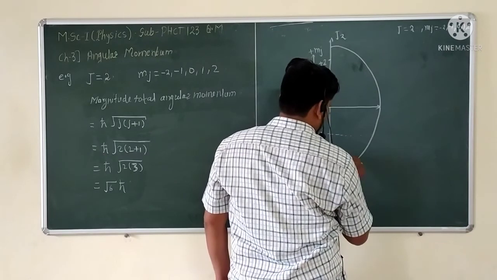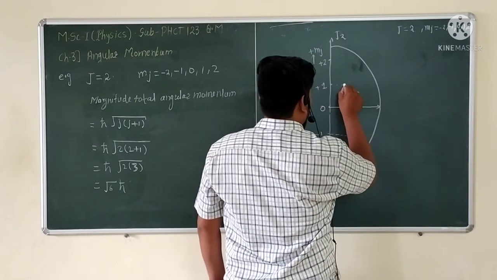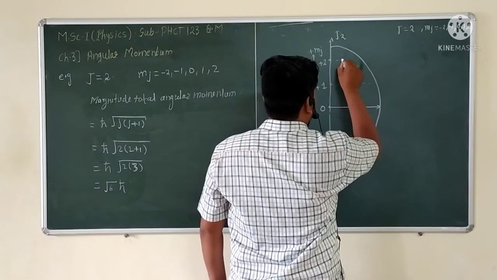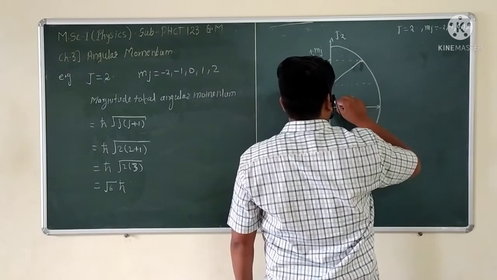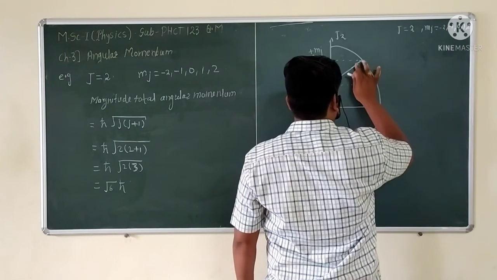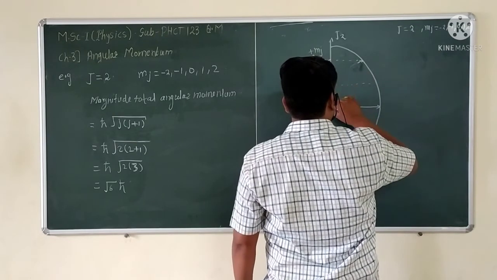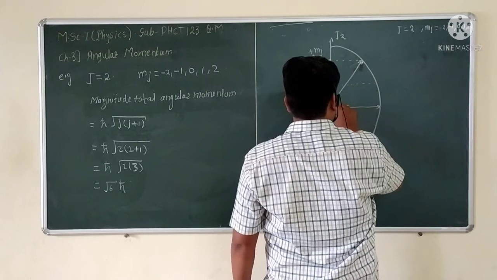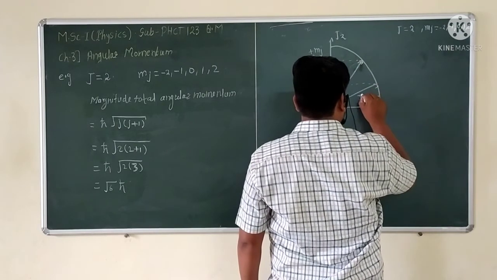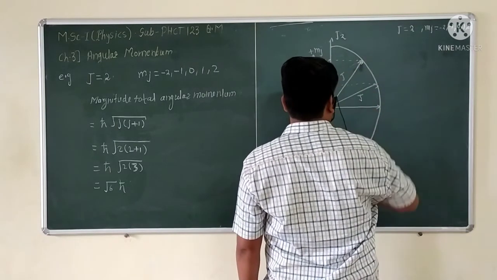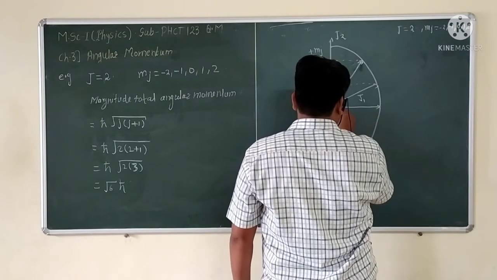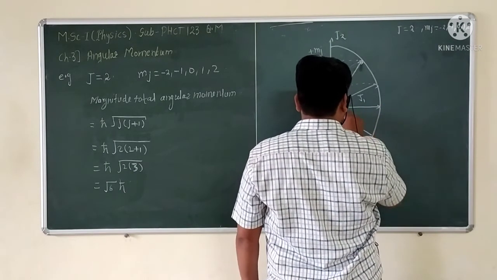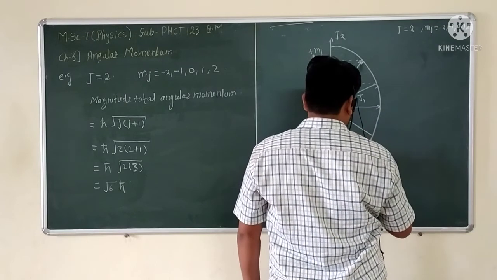So this is the mj value of the respective total angular momentum, and this is represented as the j bar, okay. This is considered as j1, this is j2, this is again here, and this is again here.